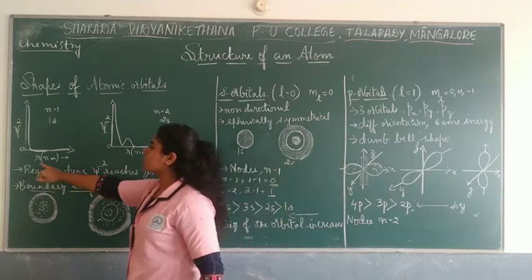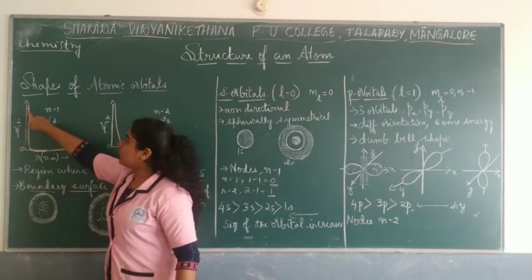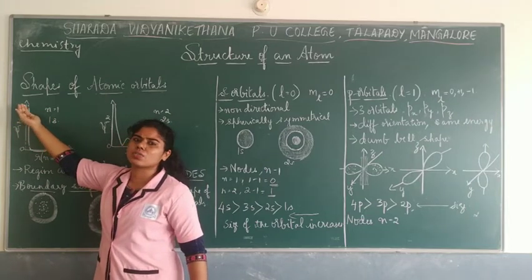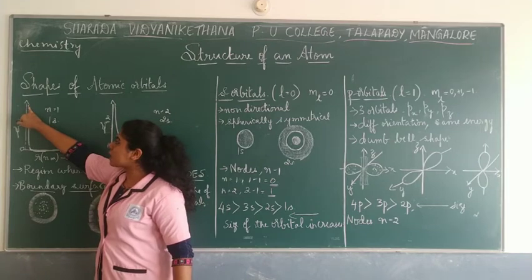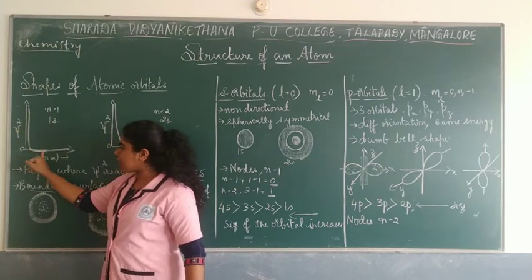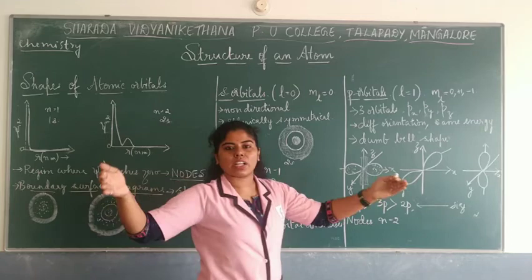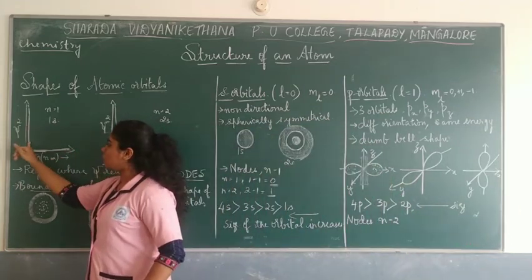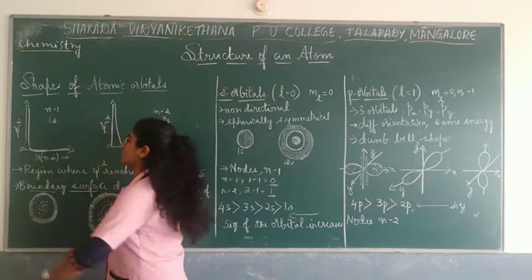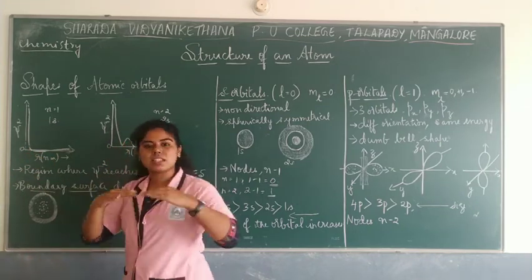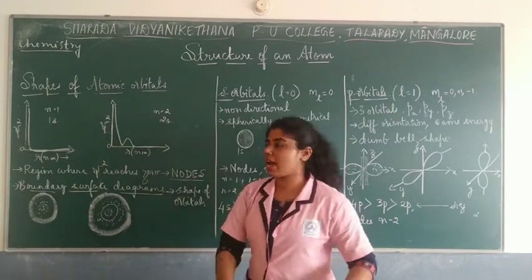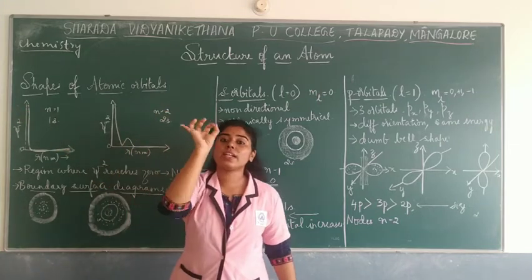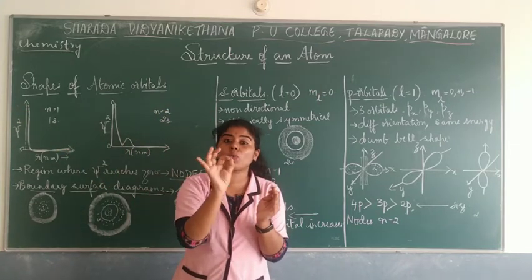So here the nucleus is denoted as 0, and it is maximum at 0. But as the radius increases, as the shells keep increasing, the probability of finding an electron in that particular space decreases and becomes 0. Did you all understand? So there is maximum probability of finding an electron when it is close to the nucleus. We are talking about the 1s orbital.